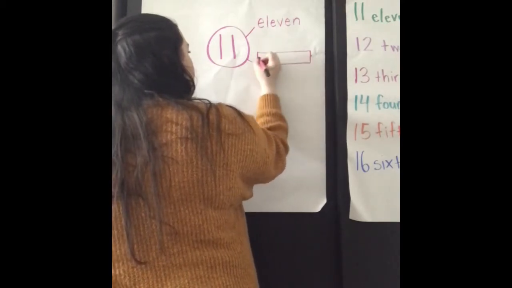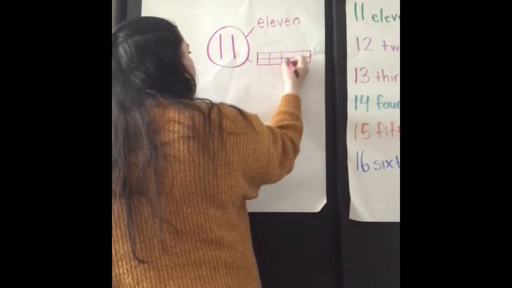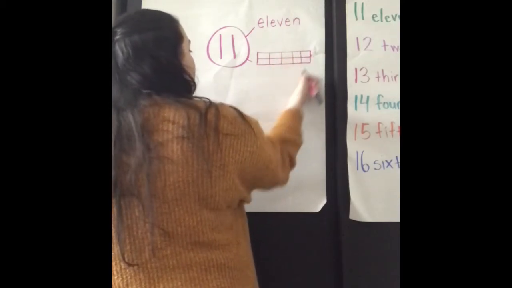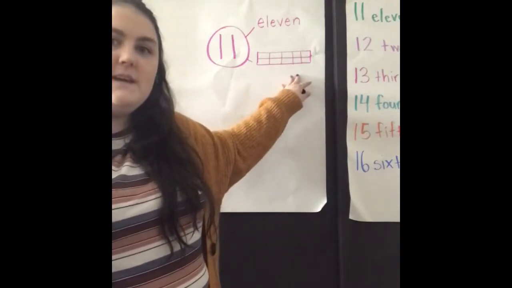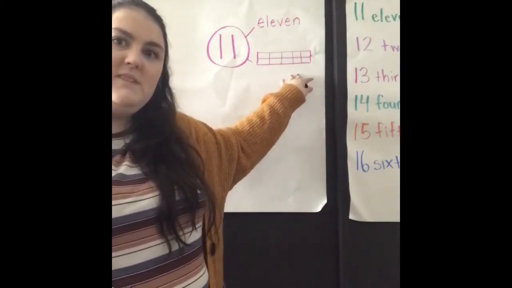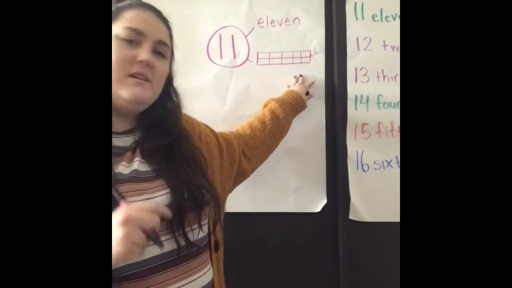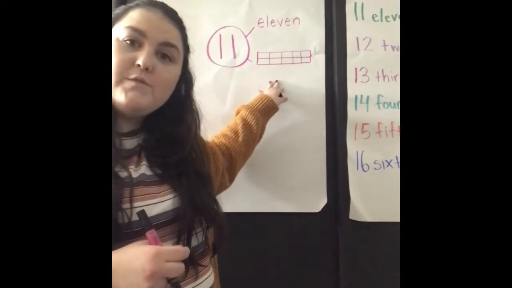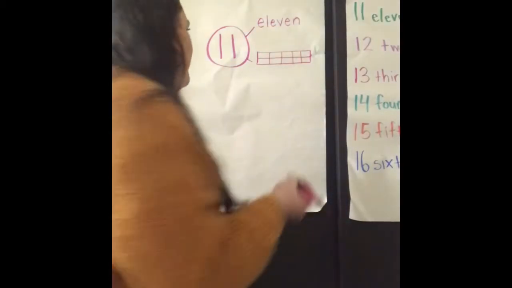If I do a 10 frame, and I counted out all of those, how many would I have? Yeah, I would only have 10, but I need 11, which is one more. So I need a whole other 10 frame to get to 11.